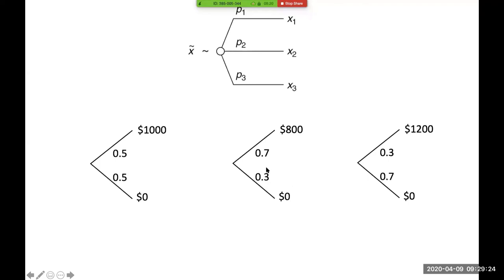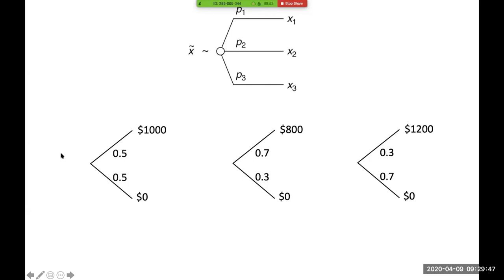In order to choose or rank these three uncertain deals, you would need to either get their U values, the U value of each uncertain deal, and then rank the three deals based on their U values.